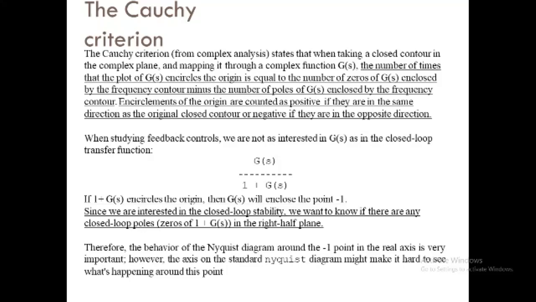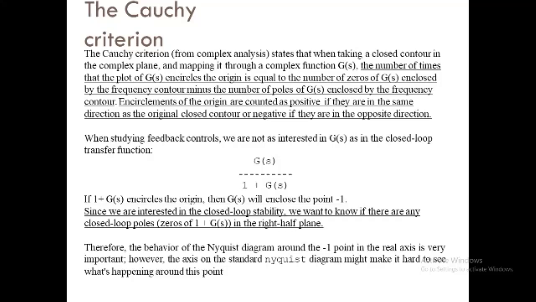When studying feedback control, we are not as interested in G(s) as in the closed loop transfer function. Let us consider one transfer function, that is G(s) over 1 plus G(s). If 1 plus G(s) encircles the origin, then G(s) will encircle the point minus 1.